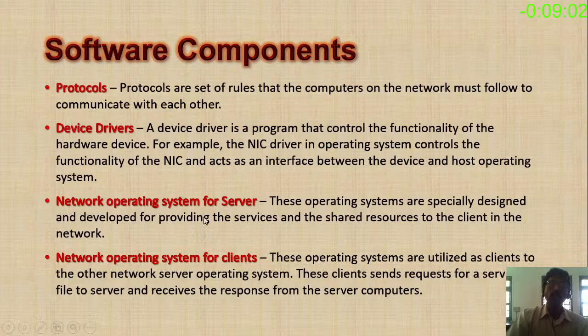These are given to the client machines. At the same time, some client operating systems are there. They make requests to the servers and take the service or files of those servers. Such operating systems are called network operating systems for client.